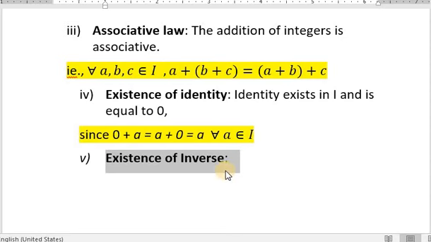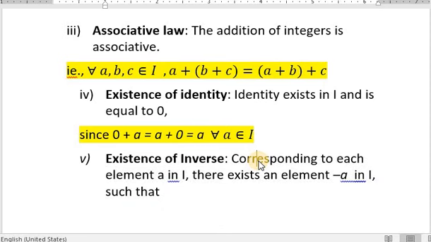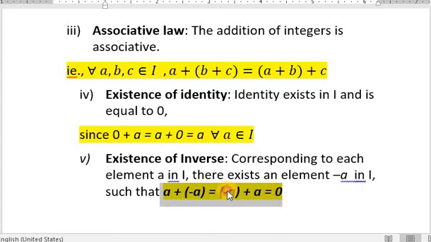Existence of inverse. Corresponding to each element a in I, there exists an element minus a in I such that a plus (minus a) is equal to minus a plus a, which is equal to 0. See, when you add the element and its inverse, we should get the identity element.